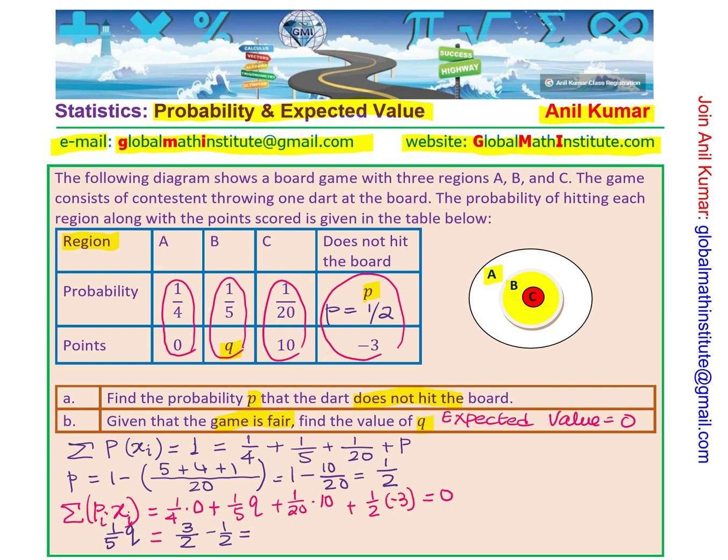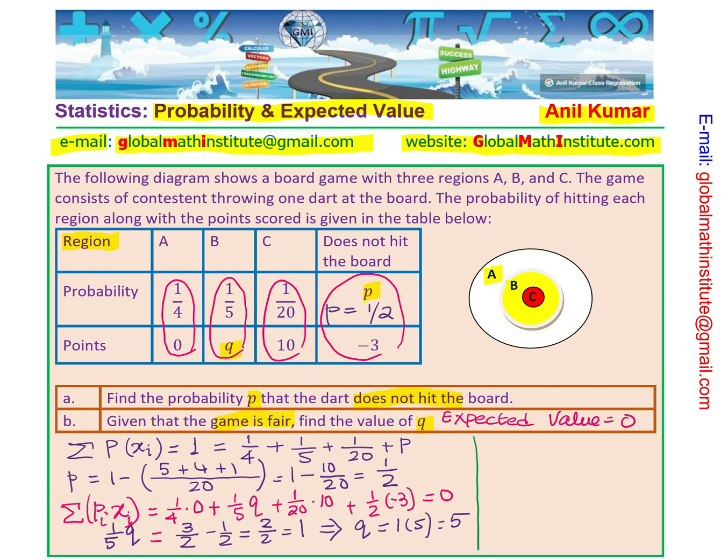So which is 2 by 2, or is equal to 1. And from here, we can cross multiply and find the value of q as 1 times 5, which is 5. So we get the value of q as 5. I hope you've understood that expected value should be 0 for a fair game. And using that, we found that the value of q is 5.